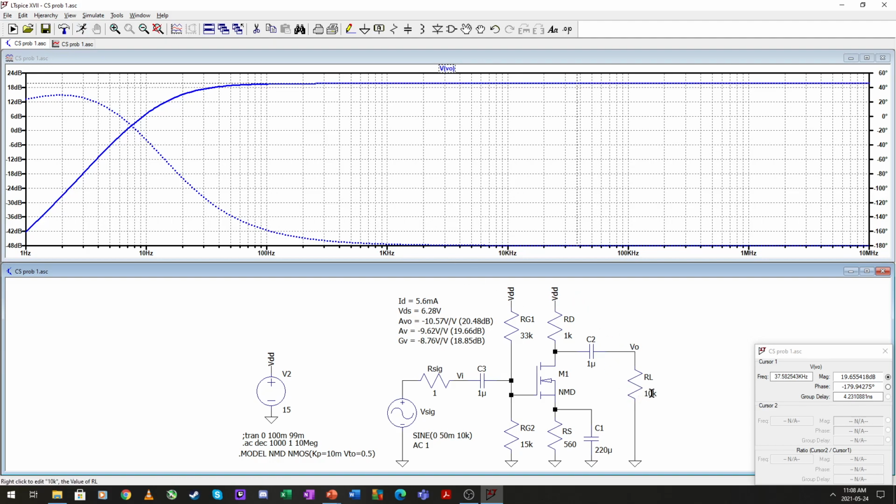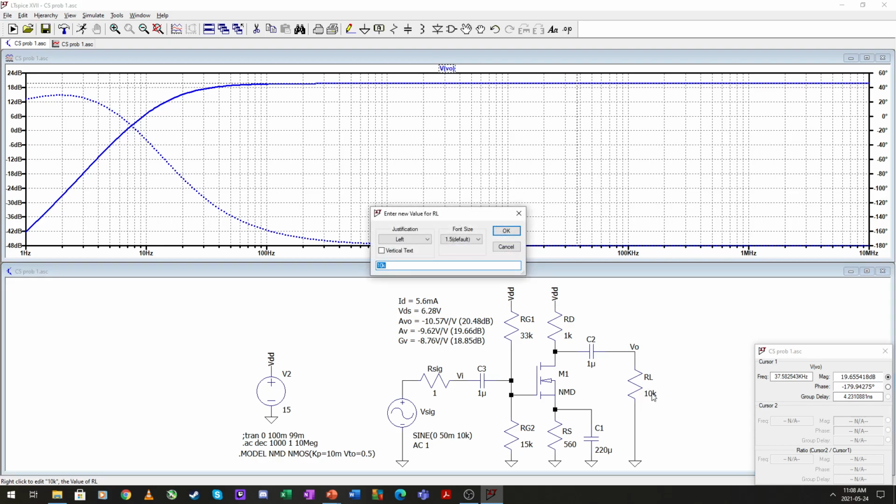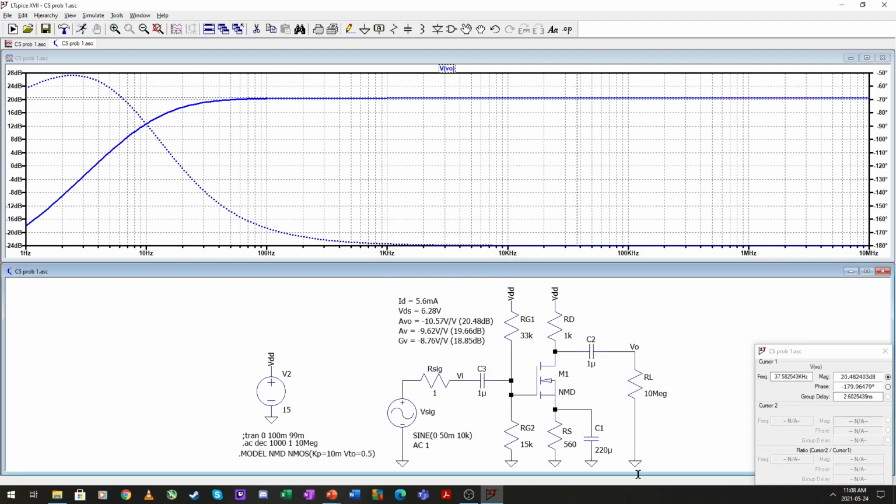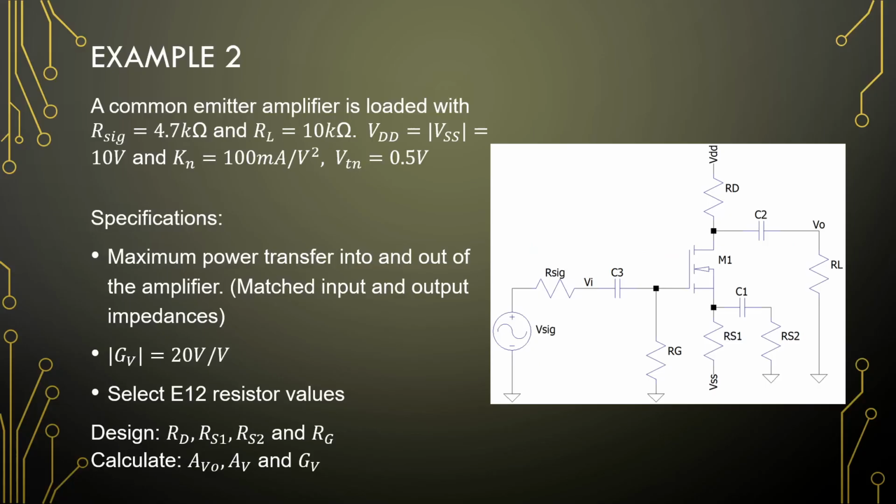And if you want to see maximum gain, let's just make this a very large resistor value, or you can even just delete the resistor. But I just tend to make it extremely large resistance. And that takes our gain up to 20.5 roughly. And that's it for example 1. Let's move on to the next example.